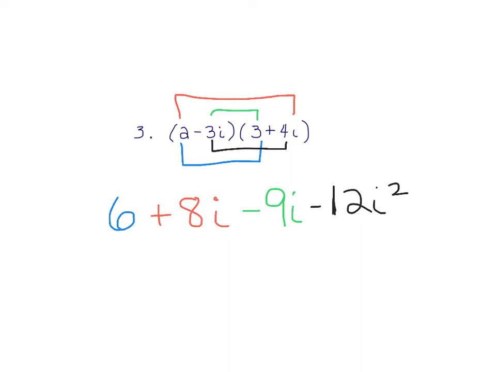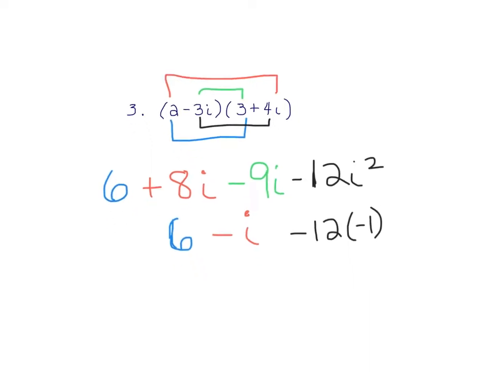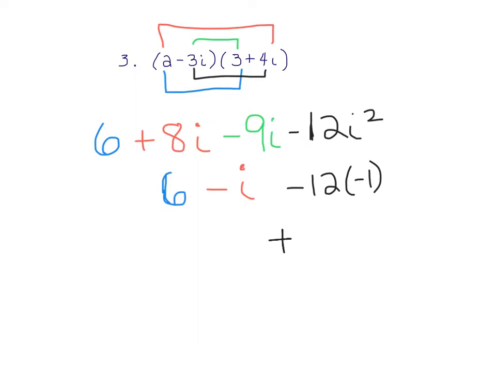Negative 1. So I'm going to replace the i squared with negative 1. I can also group those two middle terms: 8 minus 9 is negative i. I'll drop down my 6. Negative 12 times negative 1 gives me positive 12. I'll drop down my 6 and my negative i. I can now group the 6 and the 12, so my final answer is 18 minus i.